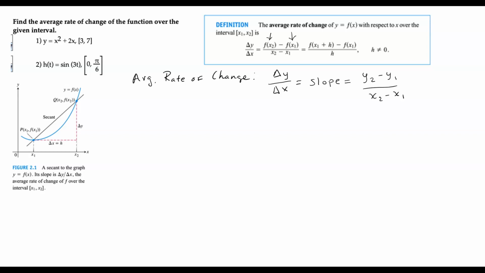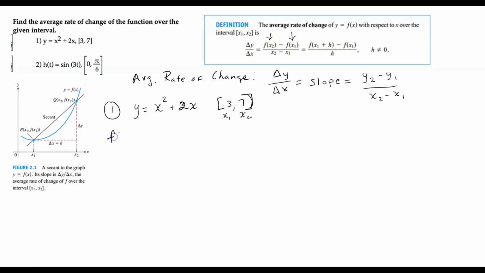All right, now we're given an example and we're going to take a look first at number 1. All right, and the problem here says, well, we've got y equals x squared plus 2x from 3 to 7. So this right here is our x1 and this right here is our x2.